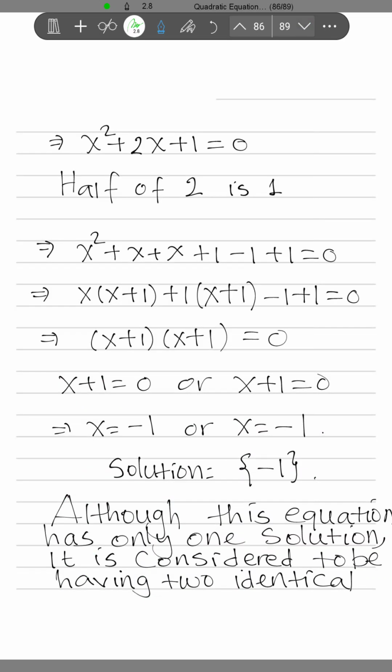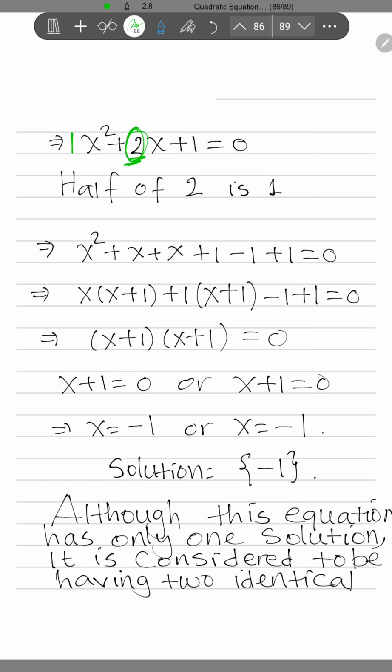Next, lucky enough, this is 2 here, so we don't need to worry much. The completing square method tells us that first, the leading coefficient has to be 1, that's done already. Second, take half of the middle term and square it.